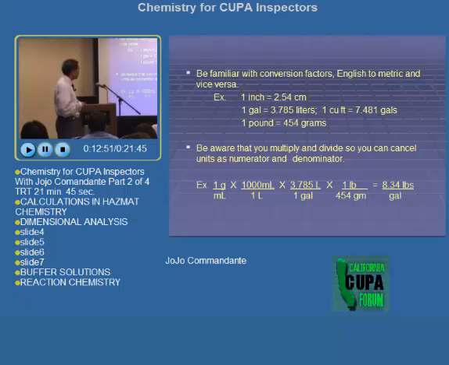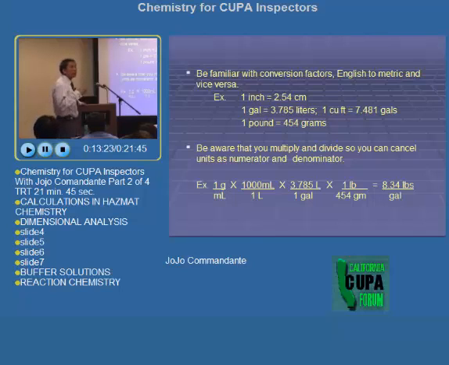So the ml in the numerator will cancel out the ml in the denominator. There are 3.785 liters per gallon, so liter will cancel. And then there are 454 grams in 1 pound, so the gram here will cancel out the gram there, and what will be left is pounds per gallon. And you see, 1 gram per cc is 8.34 pounds per gallon.